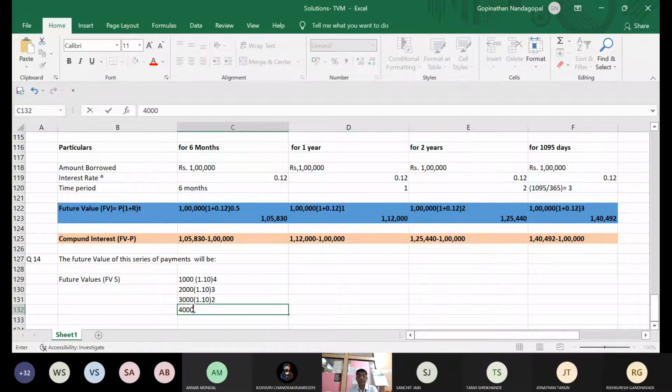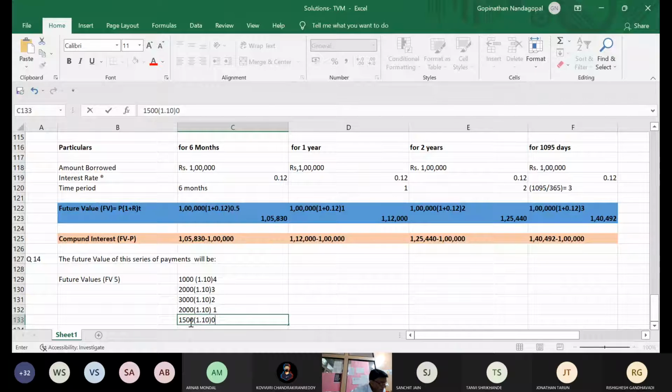Then 2000 times 1.10 at the end of fourth year. Then 1500 times 1.10 power of 0 at the end of fifth year. Now, are you clear till this?